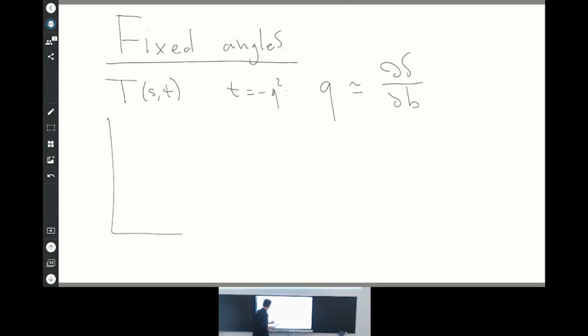So you have your angle. So this is our previous saddle point. Sorry, this is not angle. This is the angle. This is B. So this is what we discussed before.